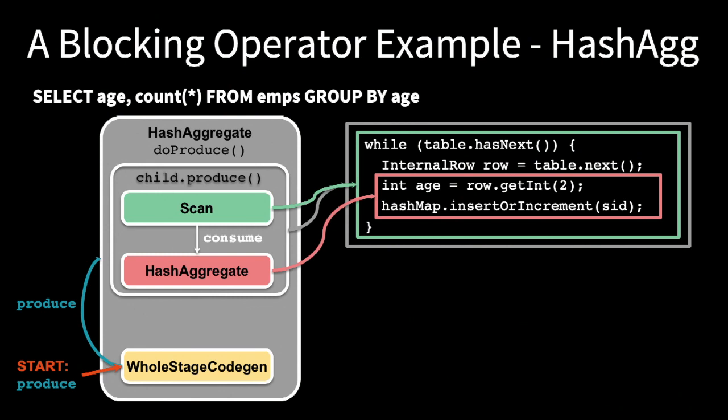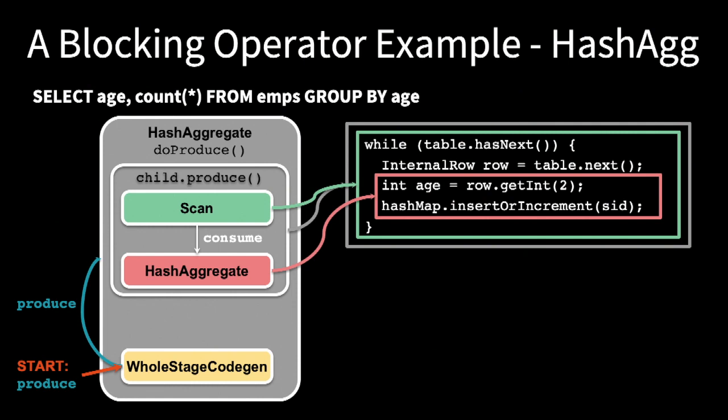Unlike non-blocking operators, which would delegate the produce implementation to their child, or upstream, here the hash aggregate does implement its own produce method in two steps, as I mentioned just now.